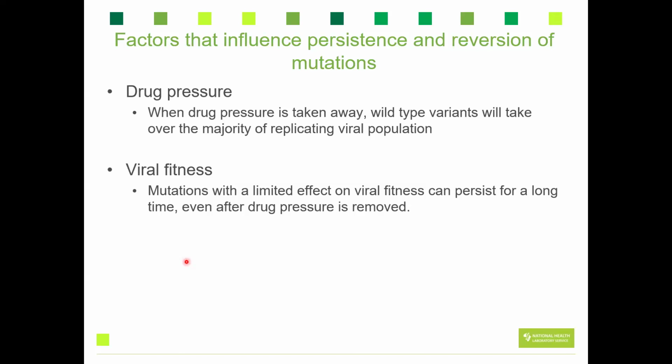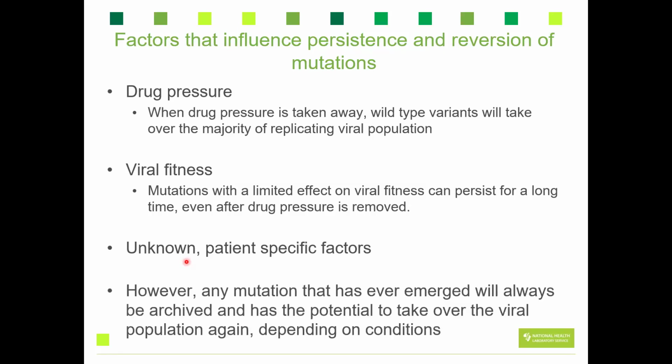Okay, and it's because the replication activity of that virus is not affected by that mutation, so there is no reason for that virus to disappear. Okay. And then there are a whole host of unknown and patient-specific factors. The K103N mutation, in some patients, stays for years on end, and in some patients, it disappears after a couple of months, and we don't exactly know why.